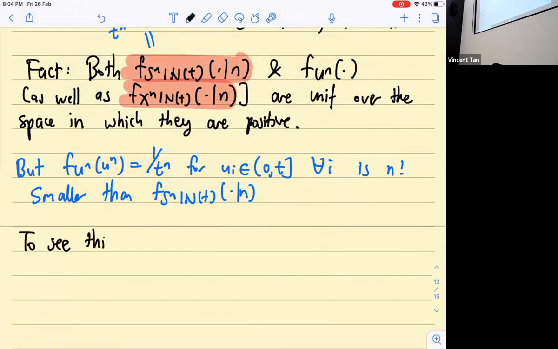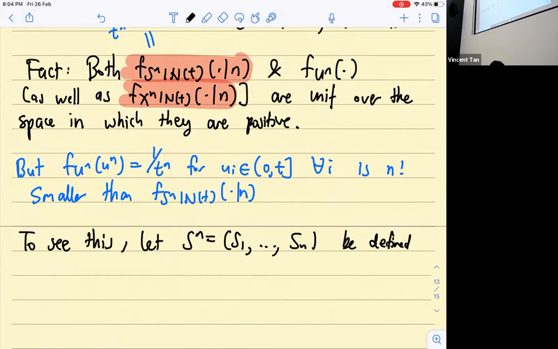So let us see this more explicitly, though this is something I have alluded to previously. To see this more explicitly, let S_n equal S_1 up to S_n be defined. Now, in the past we defined this to be the arrival epochs of a particular Poisson process.